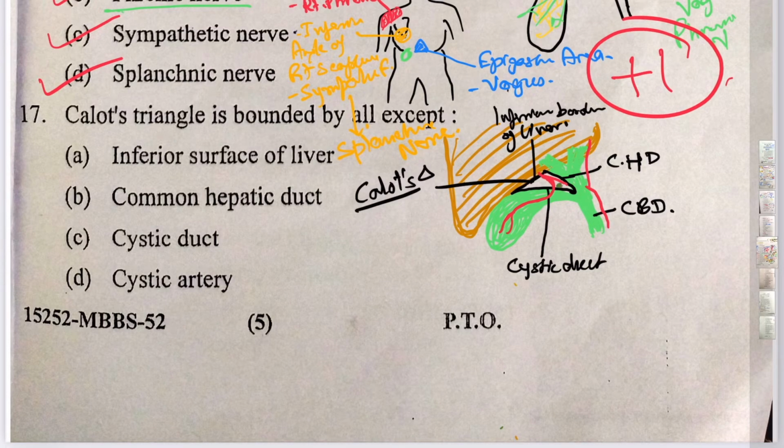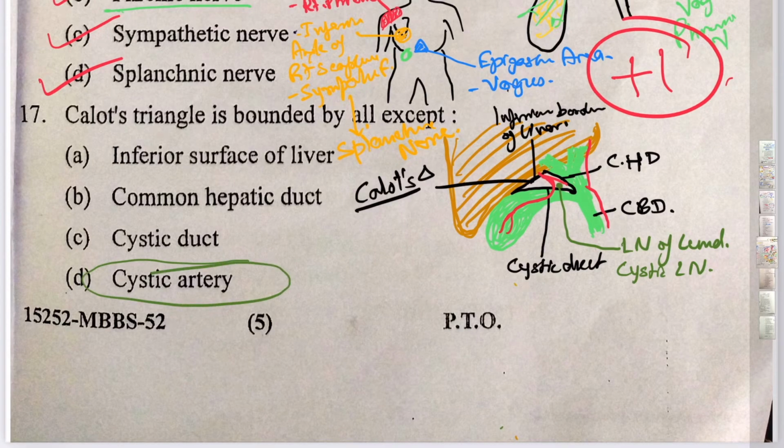There is also a lymph node placed here. This is called the lymph node of Lund, or cystic lymph node. So back to the question: Calot's triangle is formed by all except inferior surface of liver, common hepatic duct, cystic duct. So the answer will be cystic artery, which is actually a content of Calot's triangle.